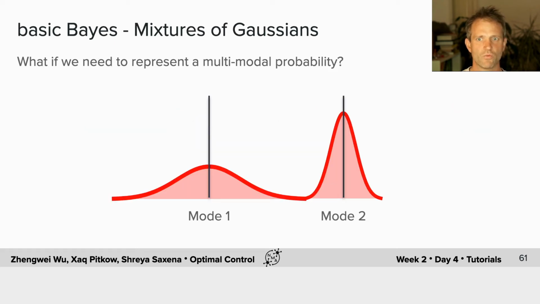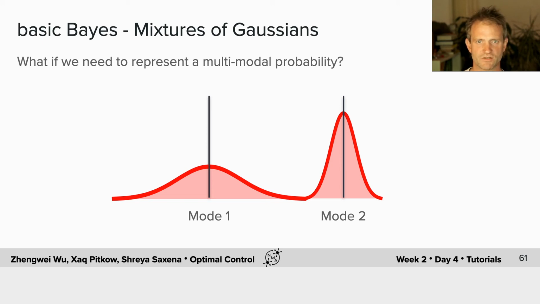Now, what if we wanted to represent a probability that has more than one location where there's something we call probability mass? In this case, there are two modes, two areas where there is a large amount of probability. One easy way for us to do this is by using a mixture model.